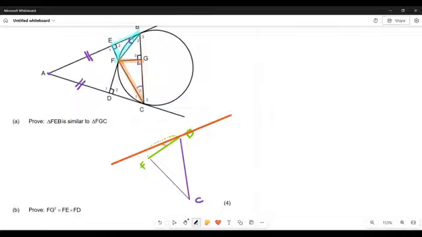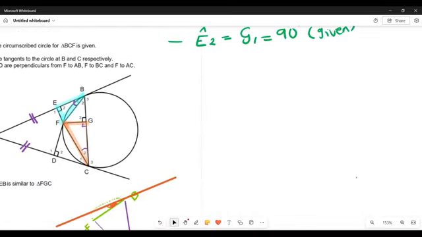So this angle between your tangent and your chord is going to be equal to the opposite interior angle of your triangle, which is that angle right over here, right? Now, what is this angle right over here? This is our angle B1. And this, as a result, is our C2. So here, B1, which is in the blue triangle, is equal to C2 in the other triangle. And why is that? Tan chord theorem.